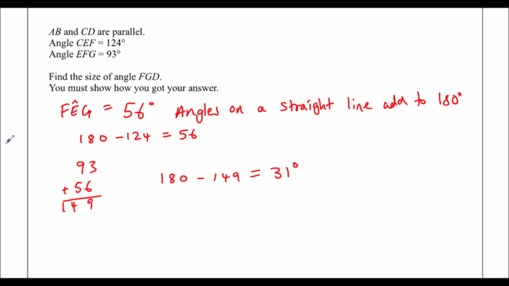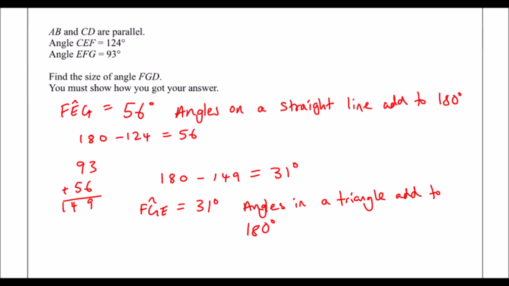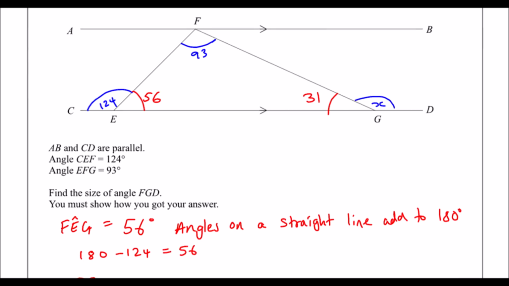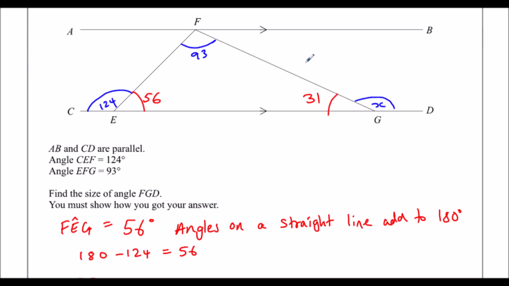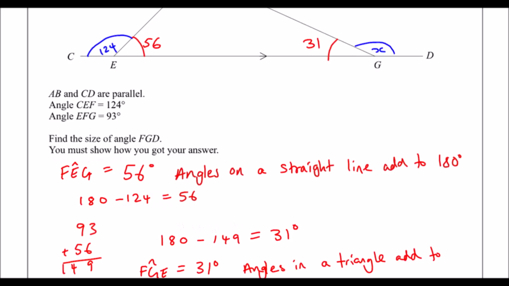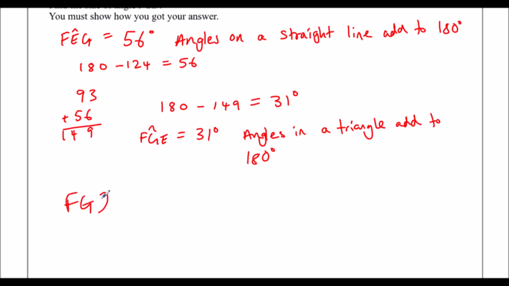So FGE, 31 degrees, because angles in a triangle add to 180 degrees. And we've got angles in a straight line finally, so FGD is 180 take away 31, which is going to be 149. And that's our answer.